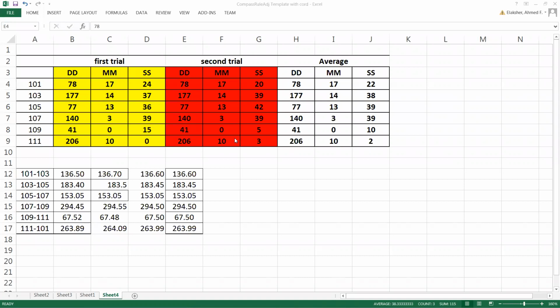At the same time, I also got the distance, the first distance, which is what you will see in the spreadsheet as 136.50. So this is the distance here, and I also got the other distance, 101 to 111, so 263.89. So that's the first trial here.